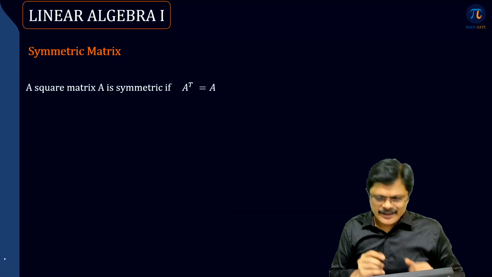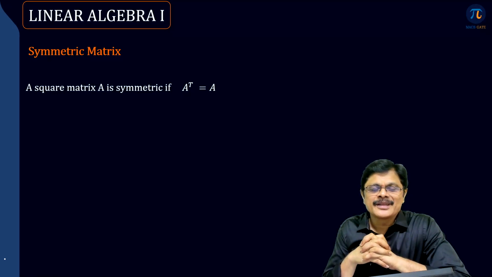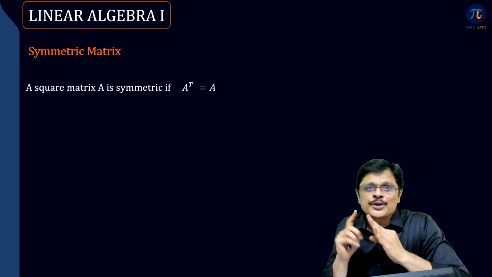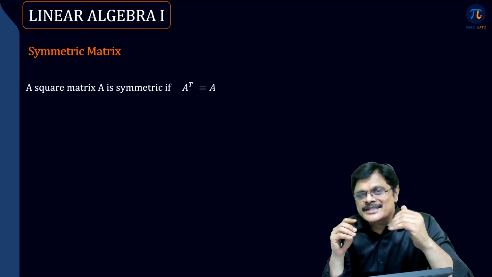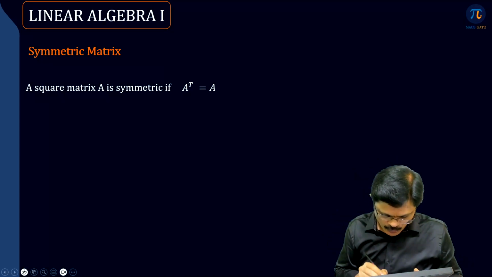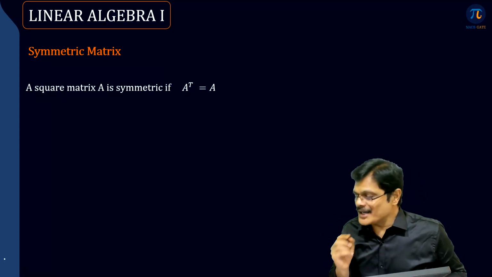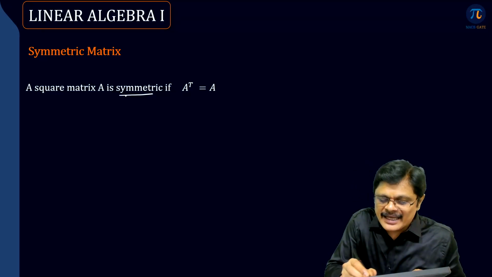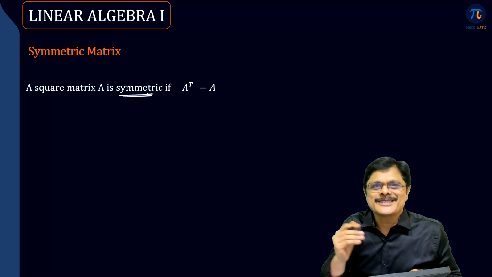Next, the most important three square matrices called symmetric, skew symmetric, and orthogonal matrix. Then we try to discuss their complex variants. Okay, not corona variants. What is a symmetric matrix?